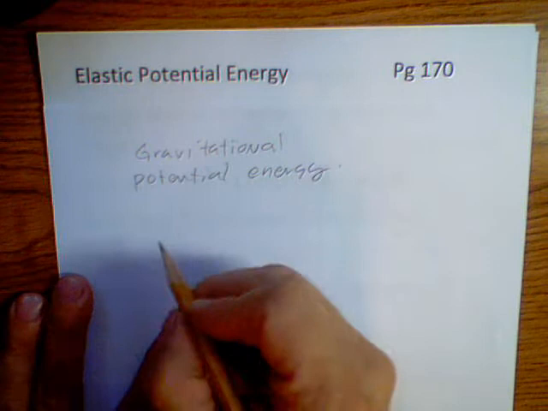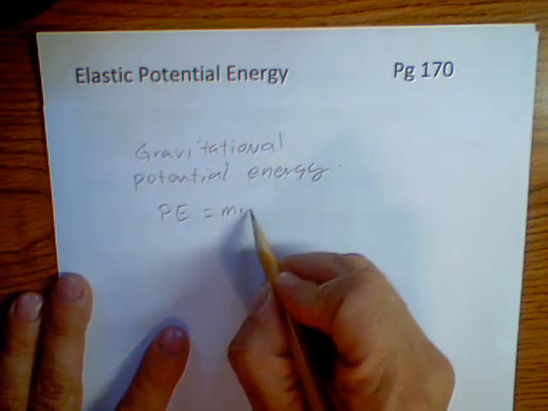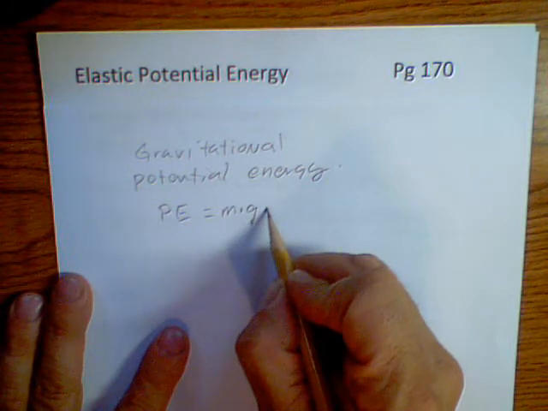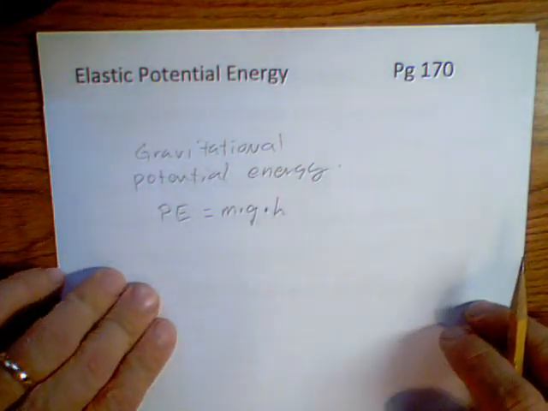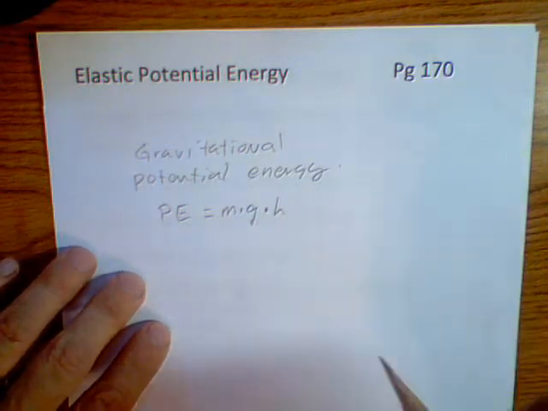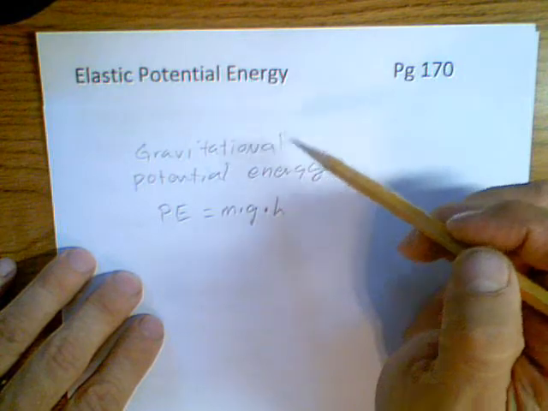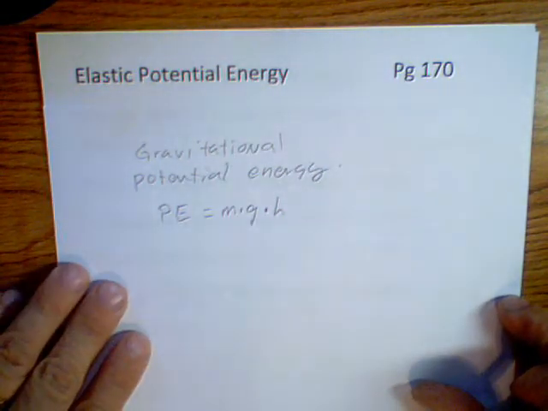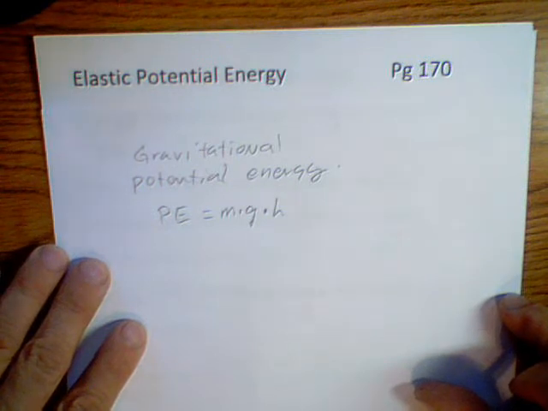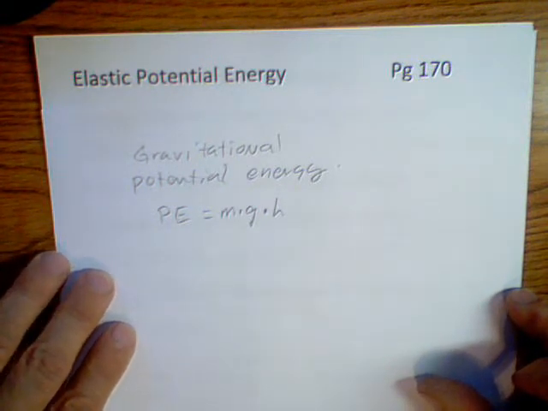Gravitational potential energy, we said, was mass times the acceleration due to gravity times the height. Another type of potential energy is elastic potential energy, and these are really the only two types that we're going to address. I'll leave chemical potential energy for later, and for biology.